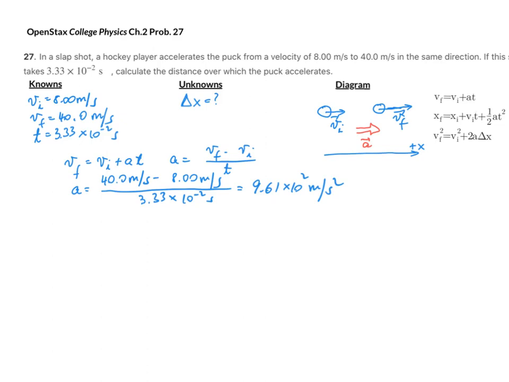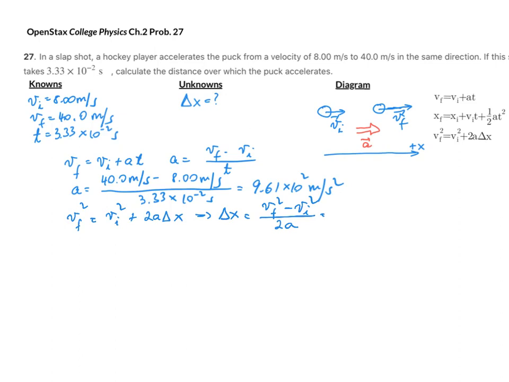I can plug the acceleration into this equation or that equation and solve for delta x. I'm going to start with this one. V final squared equals V initial squared plus 2a delta x, which means that delta x is V final squared minus V initial squared divided by 2a.